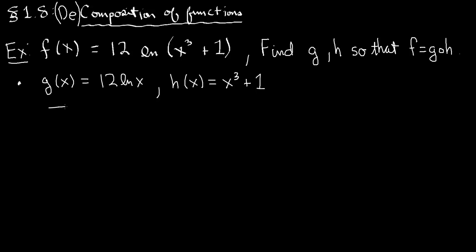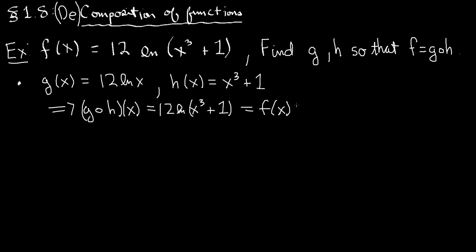Now notice that when you compose these two functions, g circle h, you take x, you plug it into h, that gives you x cubed plus 1. But then you take x cubed plus 1 and plug it into g. That's just 12 ln of x cubed plus 1. And so what is that? That's just the original function, f of x. And so these two functions work as a decomposition of f.